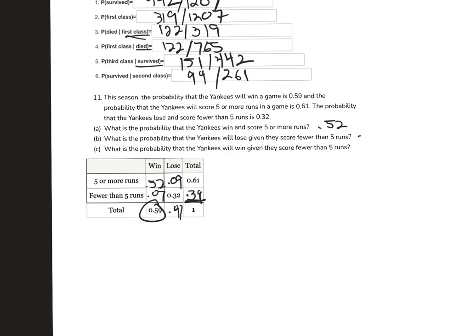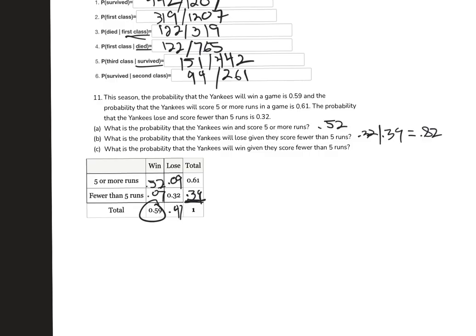So this would be 0.32 out of 0.39. And when we come up with an approximate value for that, that gives us around 0.82. So what we're saying is the probability that the Yankees will lose given that they score fewer than 5 runs is 0.82, or about 82%.